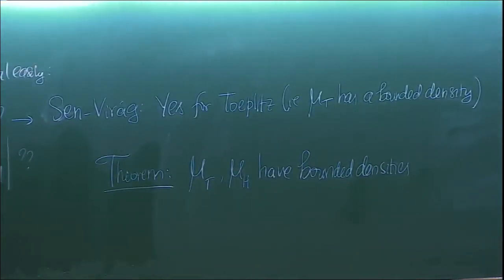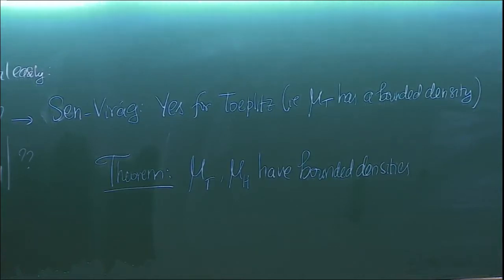So mu_T and mu_H have bounded density, that is all we have. The proof I'll mostly give for the Toeplitz case, and maybe indicate the extra bit for the Hankel case. Now, what is the way to do this? What conditions do we have which assert the existence of density of a measure?